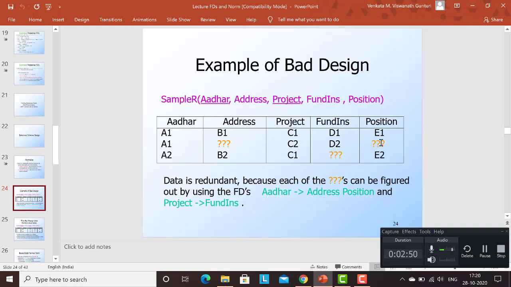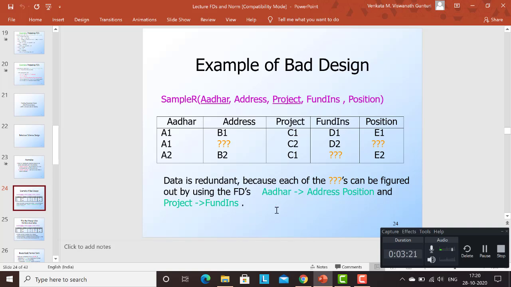And if there is more than one faculty involved in the same project, so for example here the project C1 has two faculty working on it, A1 and A2, then for both these copies, the information on the funding institution gets repeated. So in a bad relational schema, your data is redundant.